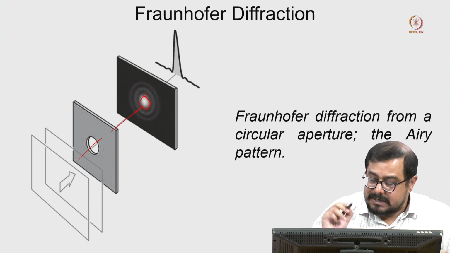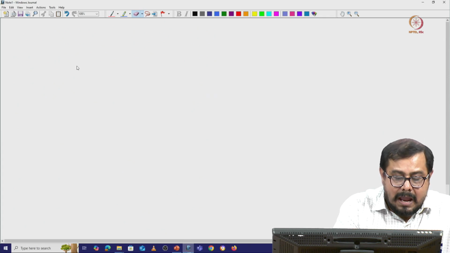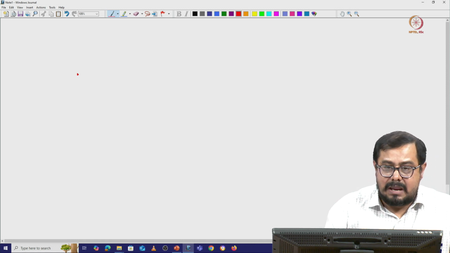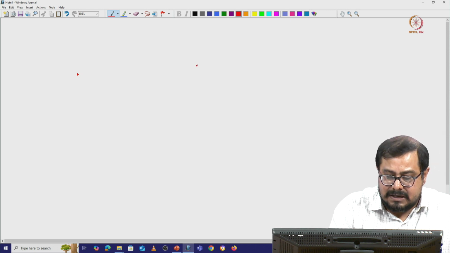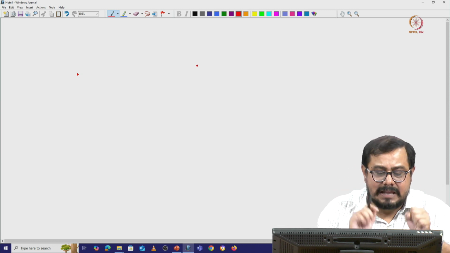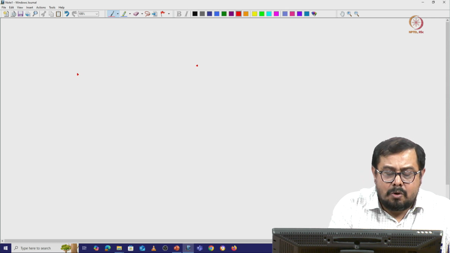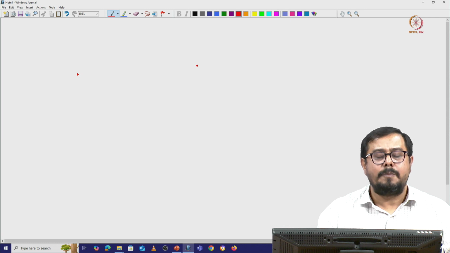So if we consider that we have a pinhole and we are expecting that it should form one dot, and we are trying to image this particular dot using any lens system, even if that lens has no aberration and no other defect, if we expect that we'll get a perfect dot here, that is completely impossible, because in this particular case there will always be some blurring effect.